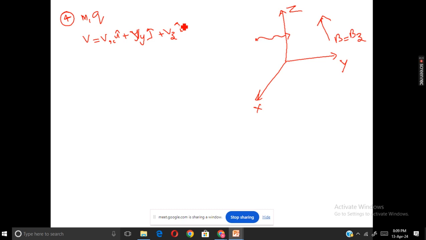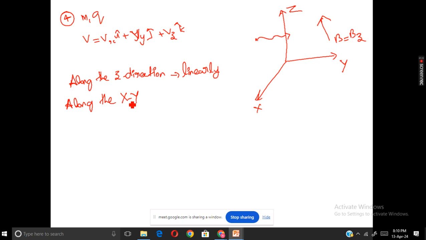What will be the trajectory of the particle? So we have already done this. Along the z direction, the particle will move linearly, and along the xy plane, it will have a circular motion.